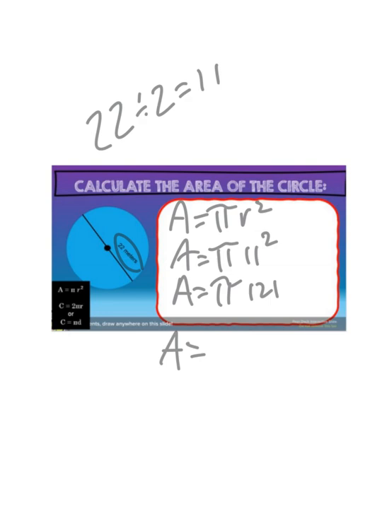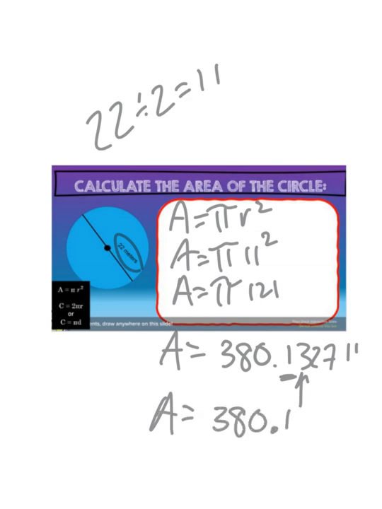I might have made a mistake here. Pi times 121 equals. Yep, I did a duplicate. Sorry, folks. Suppose we can look at the rounding here. Since 3 is less than 5, area is equal to 380.1. Look at our unit, meters squared.